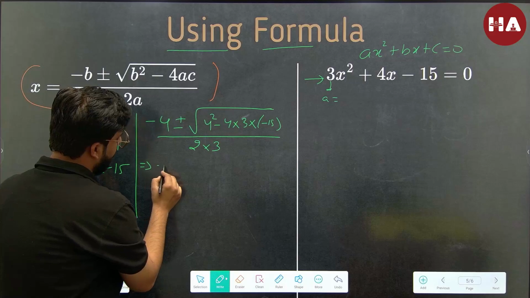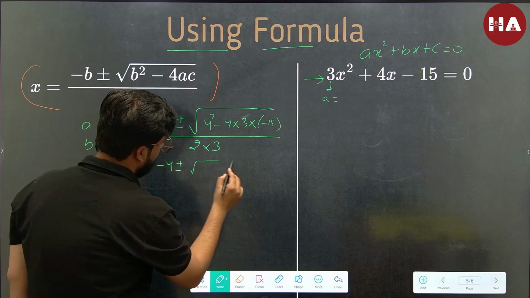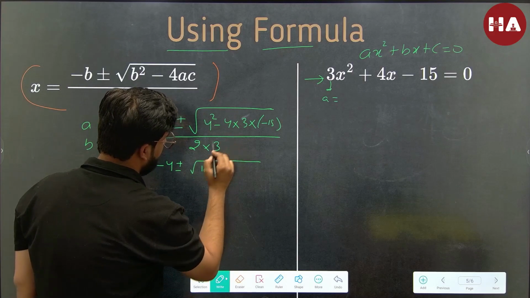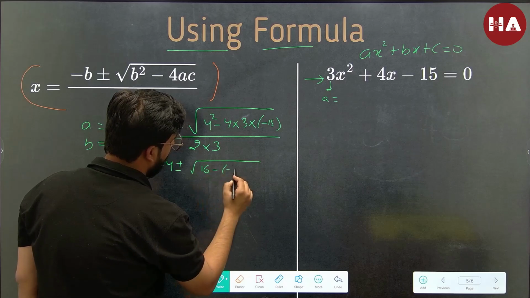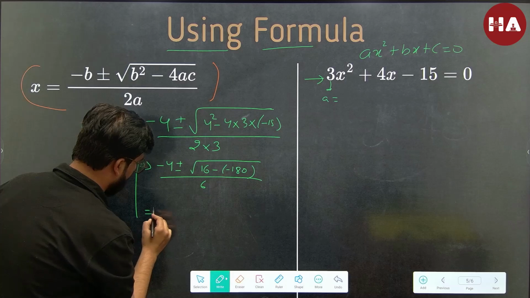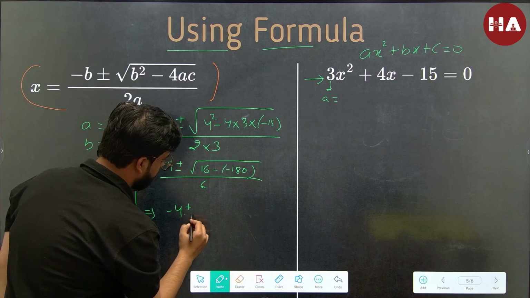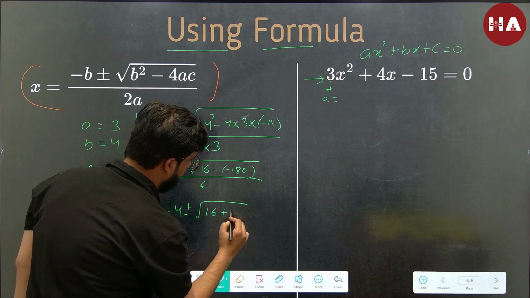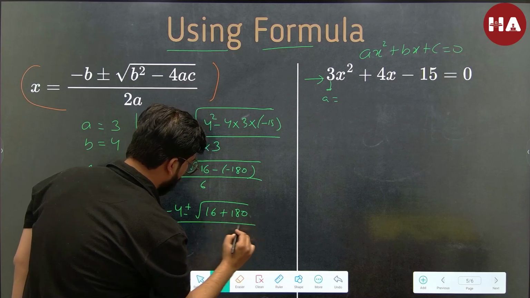Now you can solve it pretty easily. This will be 16 minus negative 180, over 6. Now minus 4 plus minus root of 16 plus 180, over 6.